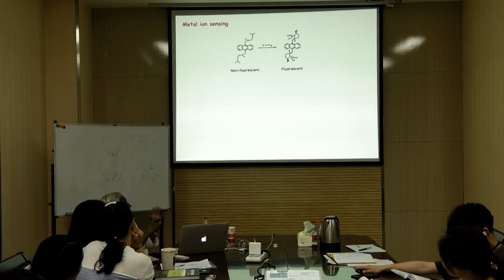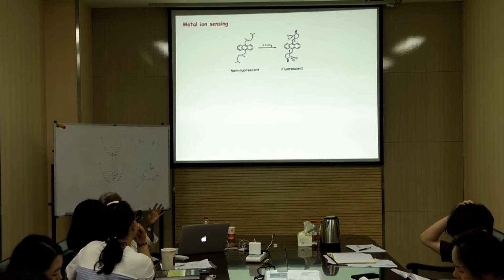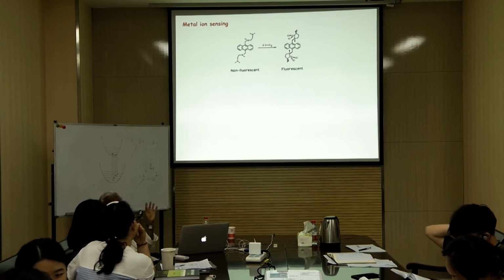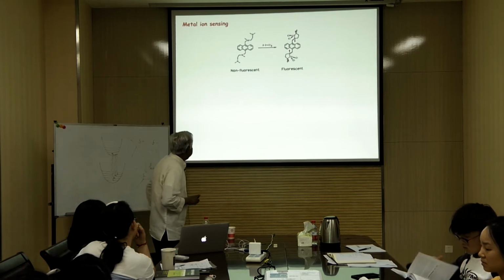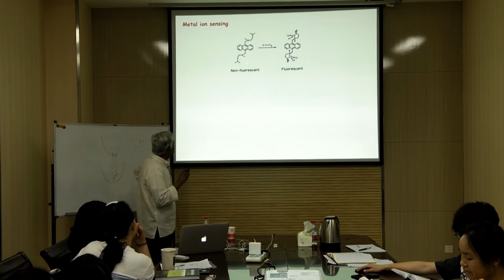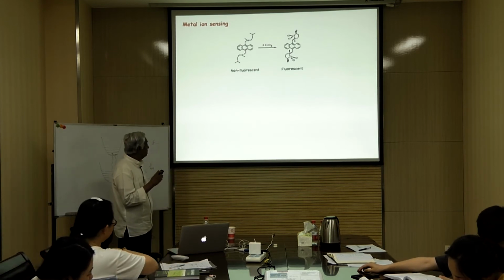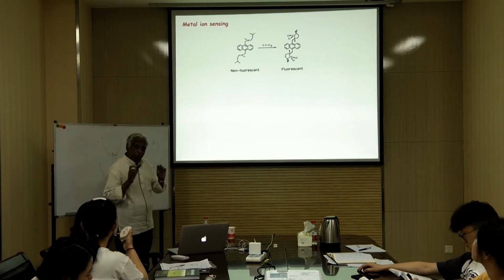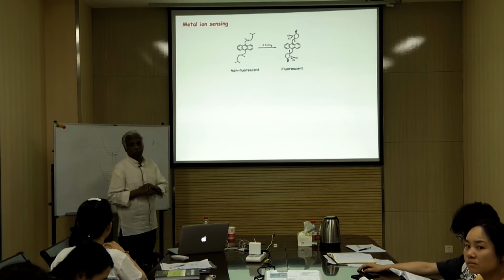Okay. So this is a very powerful technique. A lot of people use this, and there is a journal for this kind of sensor. If you take, for example, this compound, you notice this is an anthracene. It contains amines. Amines are very useful because when you excite this compound, there is no emission.